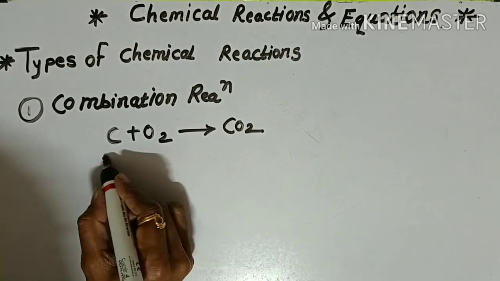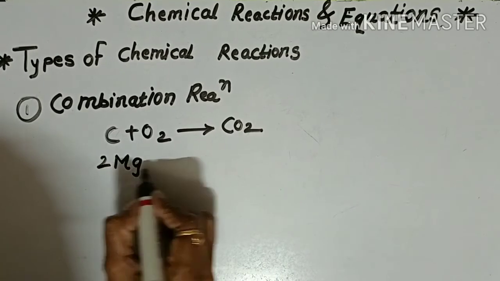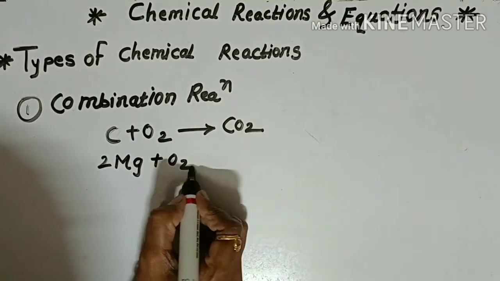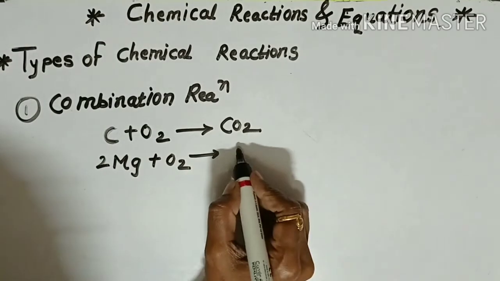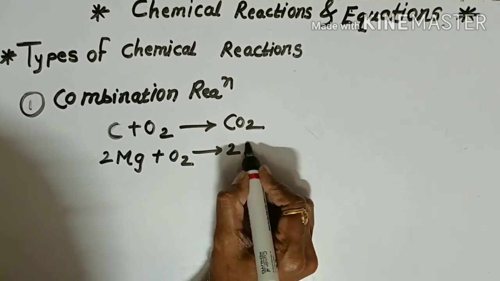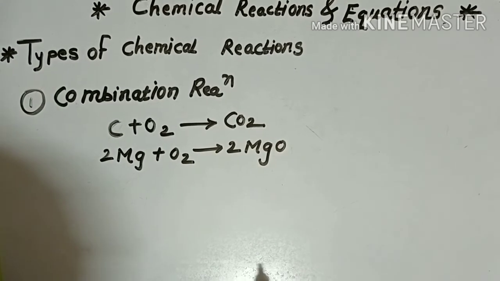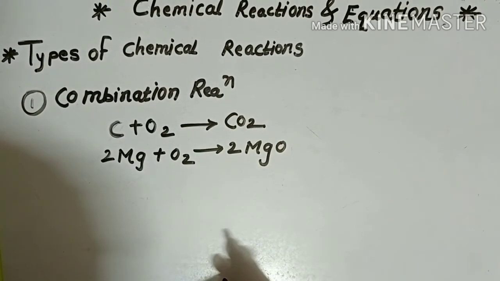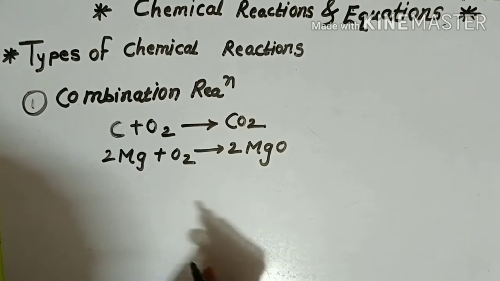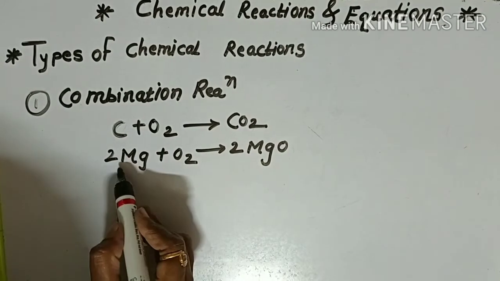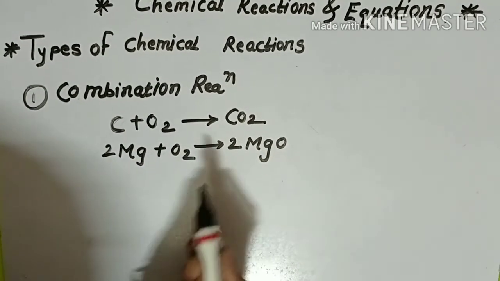Another example, 2Mg plus O2: when we burn the magnesium ribbon, we get another product, that is magnesium oxide. There are other examples in your textbook, but I have written these two examples here.